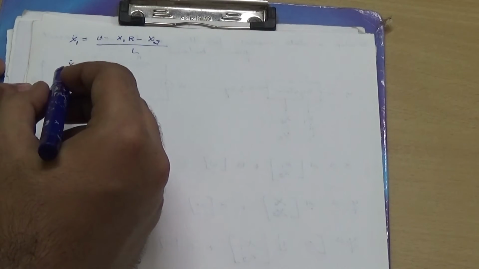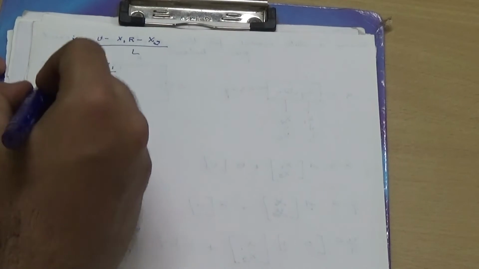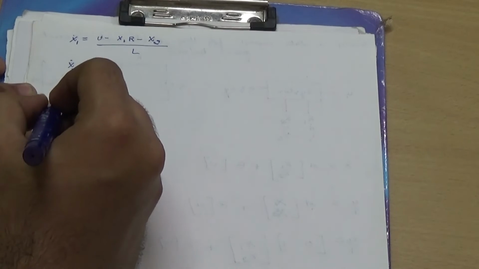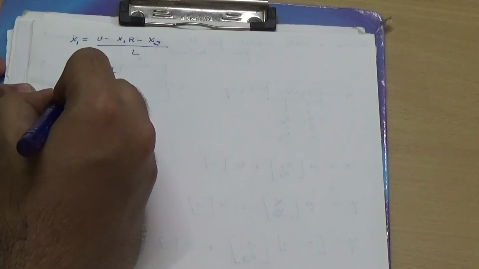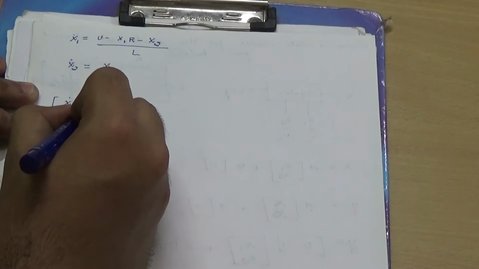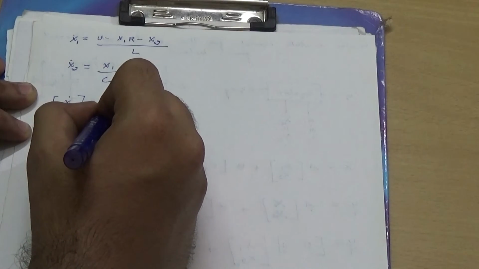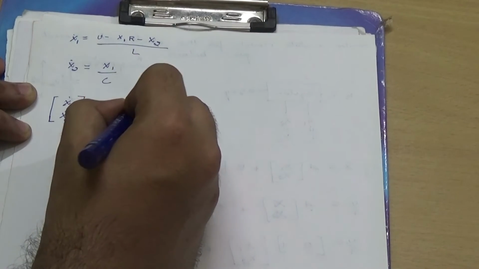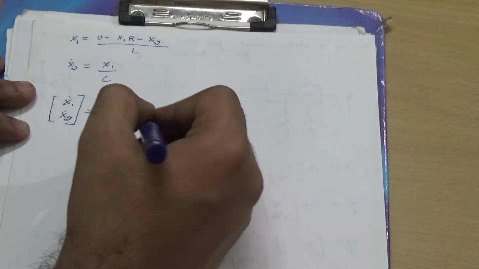Now that we have obtained both the equations for the state model, I can represent them in the form of a state model equation, where I represent the state model x1 dot and x2 dot here. That should be equated to a 2 cross 2 matrix. How do I know that it is 2 cross 2?